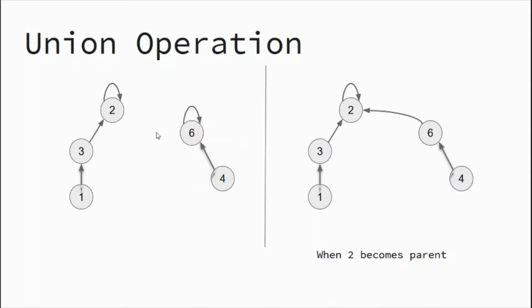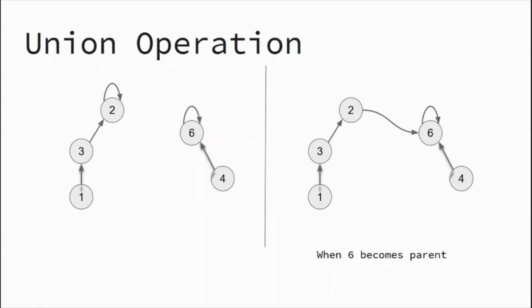So to merge these two sets, only the parent pointer of the parent has to be altered, nothing else. It is not necessary that the second element's parent pointer has to be altered. You can do it the other way also. You can make 2 point to 6 as well.